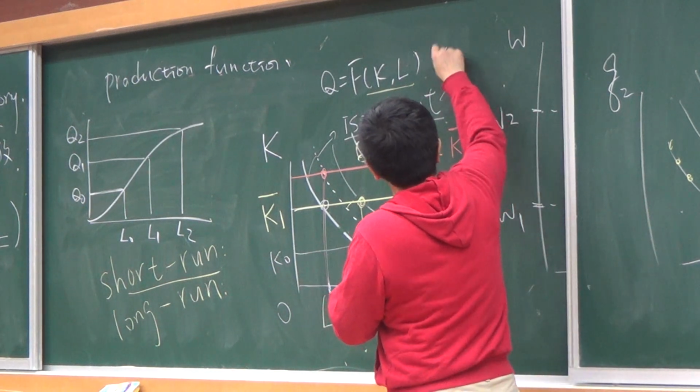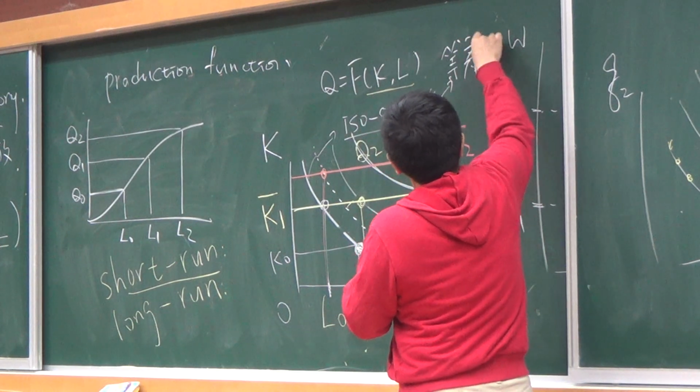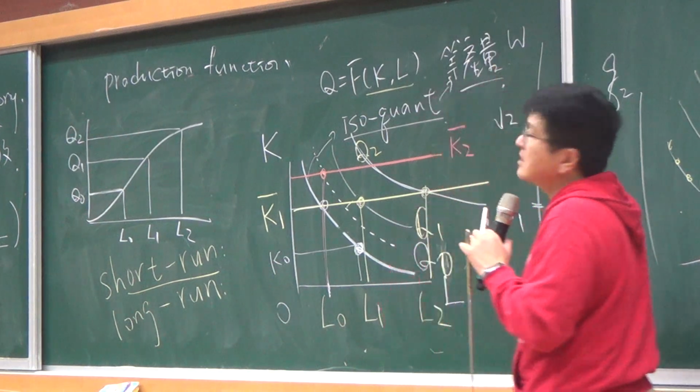Isoquants should be translated into isoquant curve, 等产量. Okay?